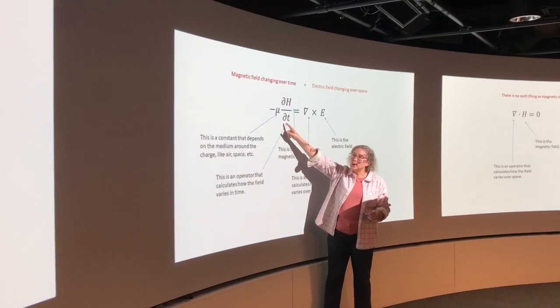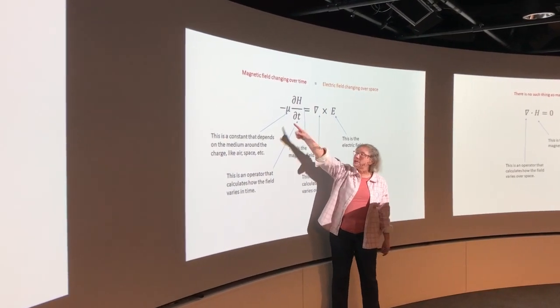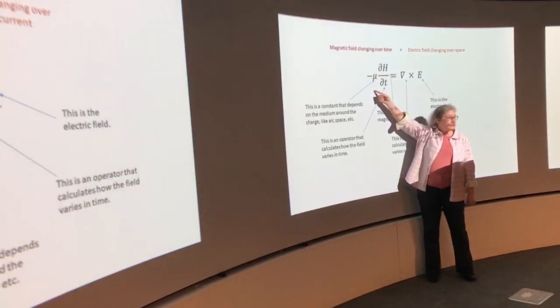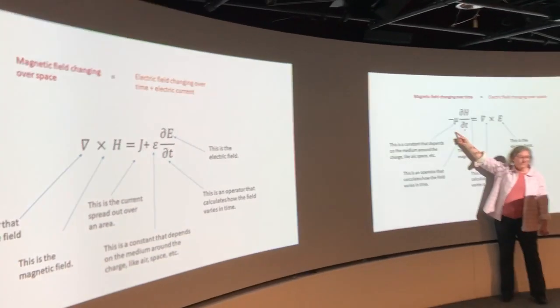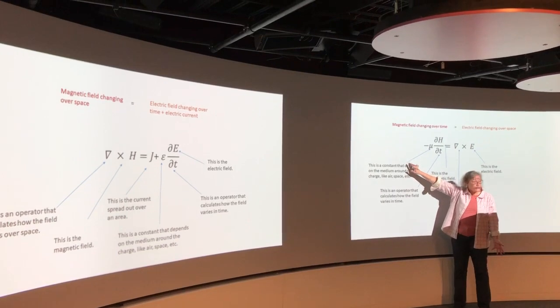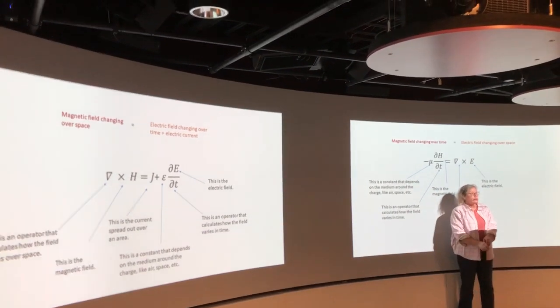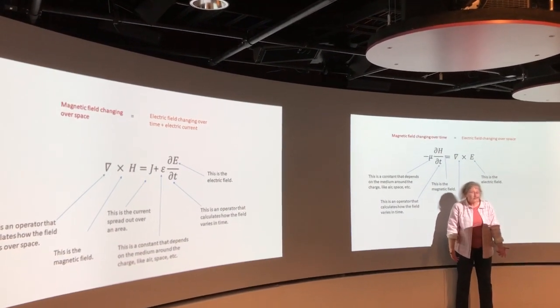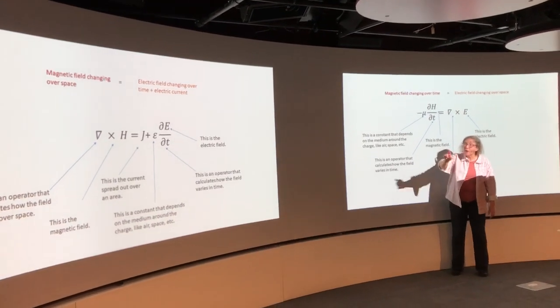Why isn't this 100% analogous? Why is there not a J thing over here? Because there's no magnetic charge. It would be a magnetic current, but there is no magnetic current because there is nothing to carry it. Other than that, they're all 100% analogous to each other.